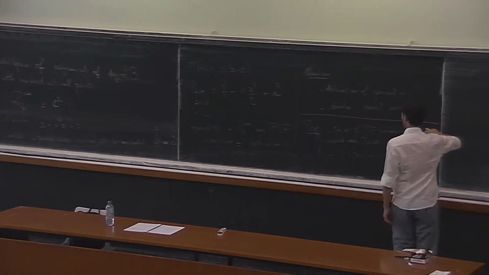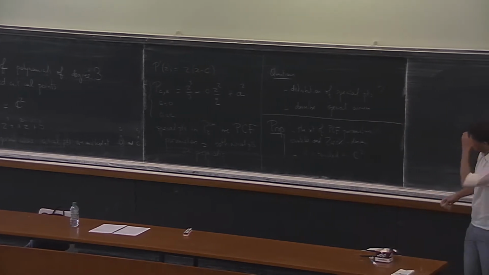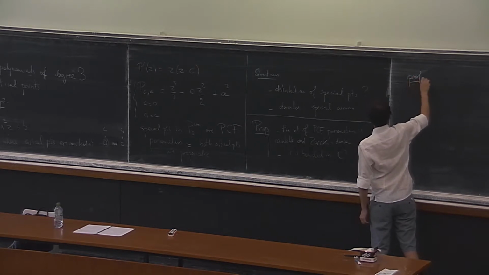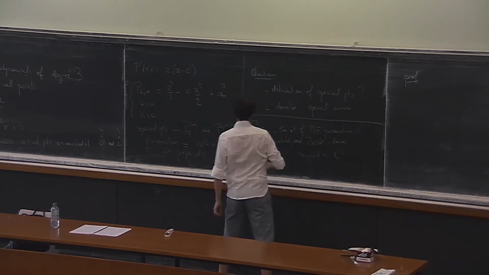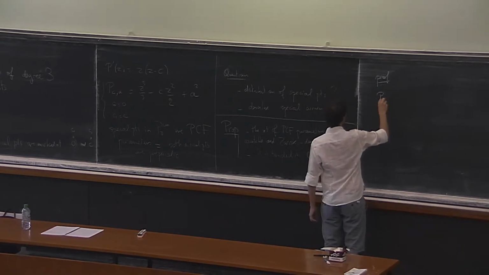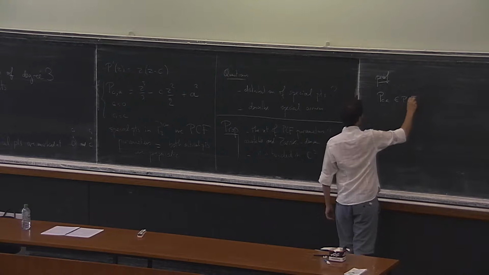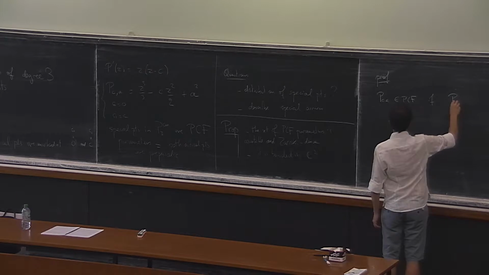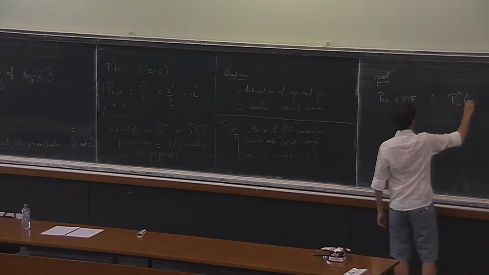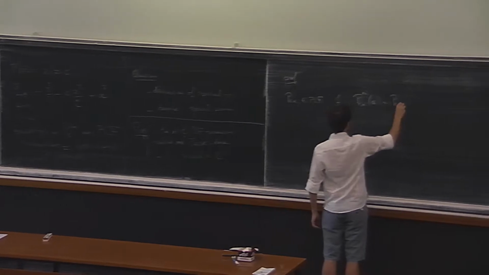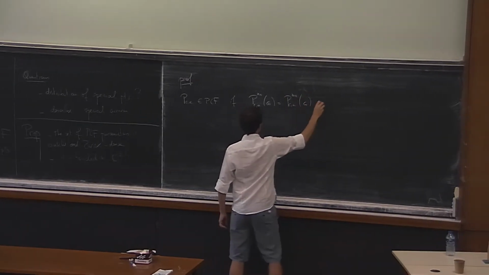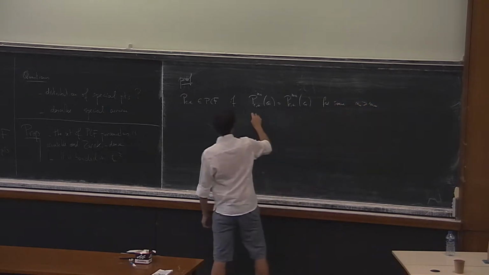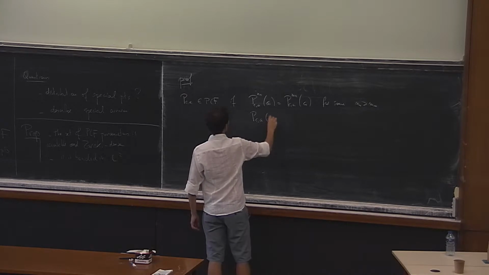So how do you prove this? Proof. As I said, a parameter is post-critically finite, so p_{c,a} belongs to the set of post-critically finite parameters, if you have two equations of the form p_{c,a}^{n0}(c0) equals p_{c,a}^{m0}(c0), for some, say, n0 bigger than m0, and the same for c1.